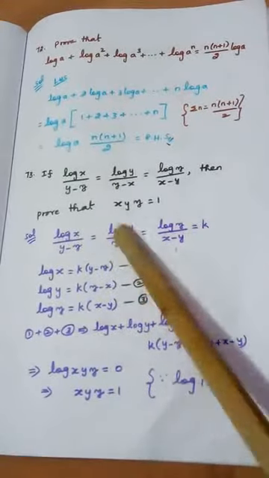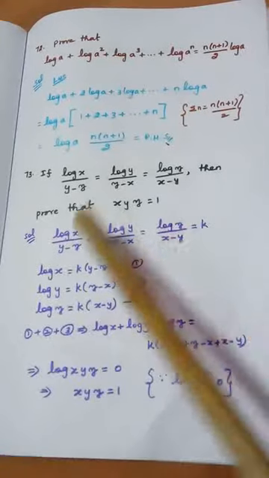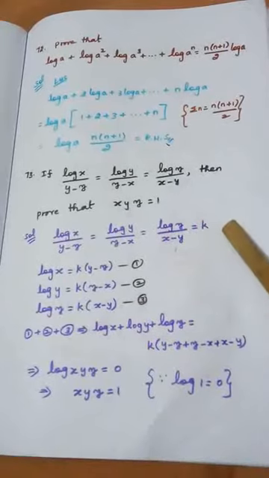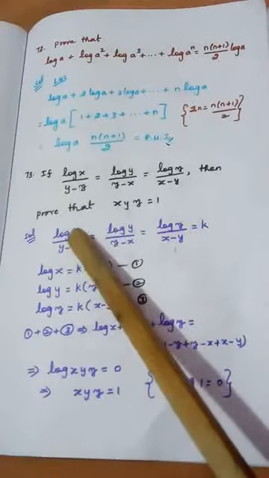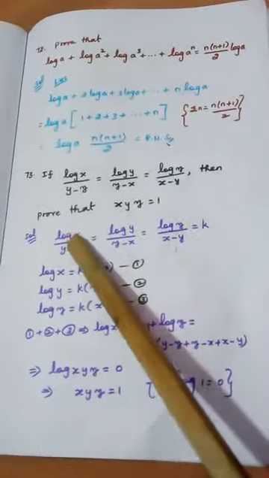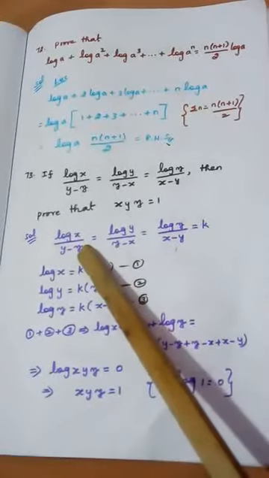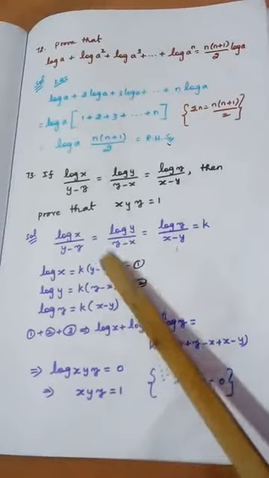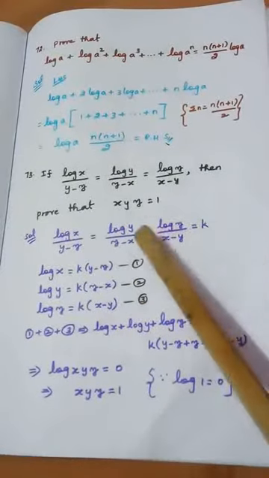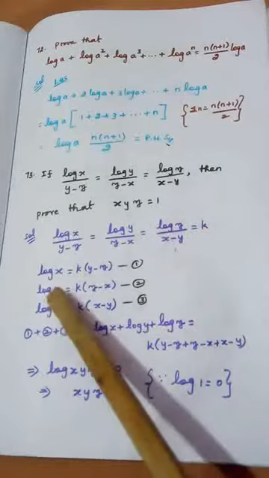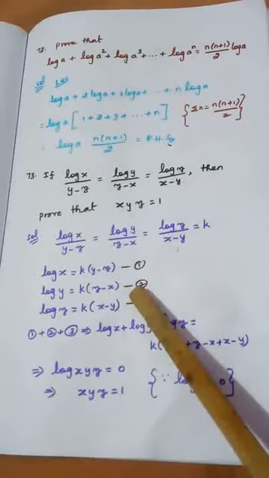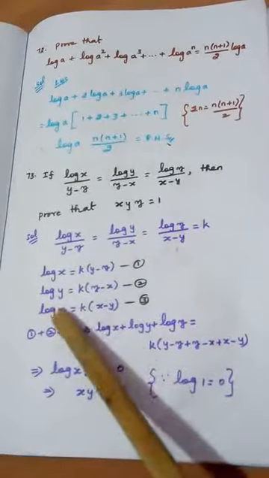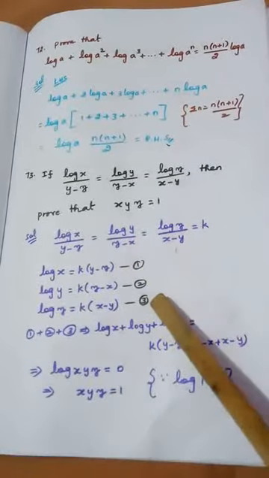Take the first and last term and cross multiply y minus z with k. So you get this step. Similarly, taking the second and last, cross multiplying, you will get the second equation. Similarly, taking these two and cross multiplying, you will get the third equation: 1, 2 and 3.